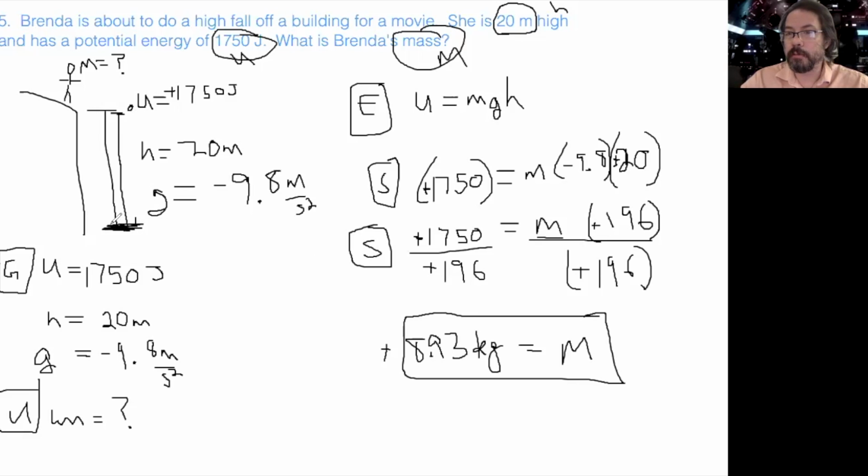However, if we said this was the ground, and this was like the Grand Canyon, then we could say, oh, it's actually below the ground. This height that we're talking about is below the ground, and then our energy becomes negative. Wow, talk about confusing. So for this class, we're going to always assume our energy is positive, and so we tend to ignore the negatives when we're dealing with energy.